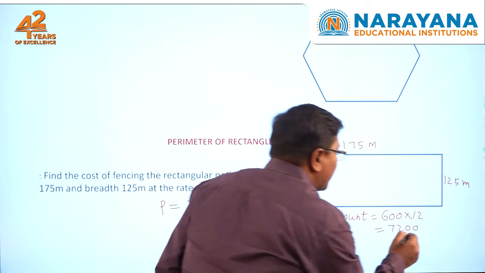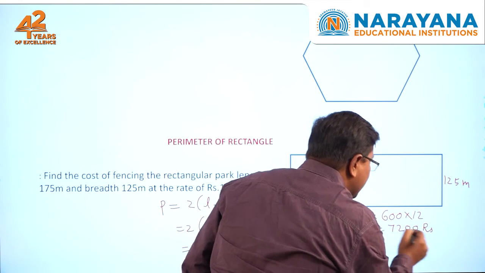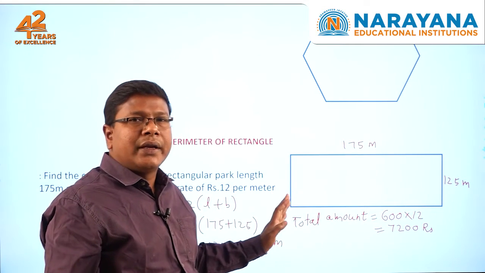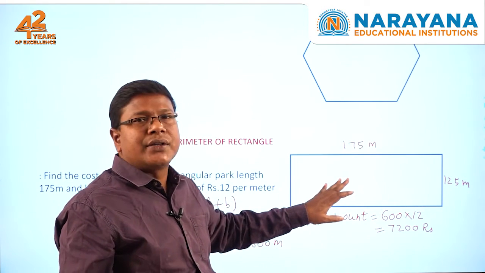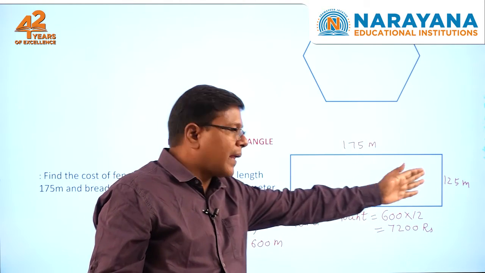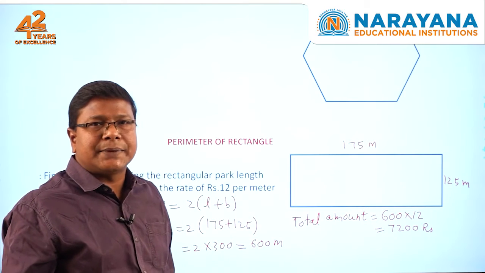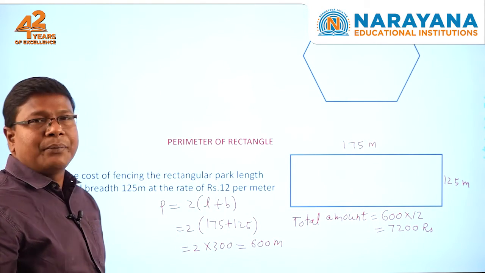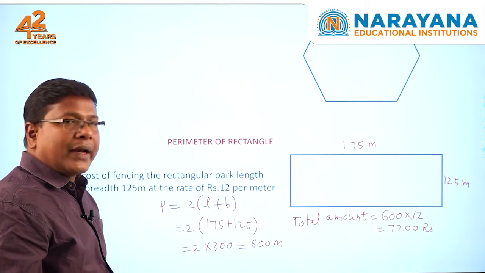So 7200 is the total amount for fencing the boundary of this rectangular park, or garden, whose length is 175 meters and breadth is 125 meters. This is one example, and the formula for finding the perimeter of a rectangular shape.